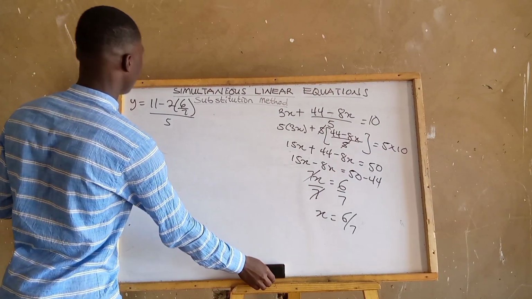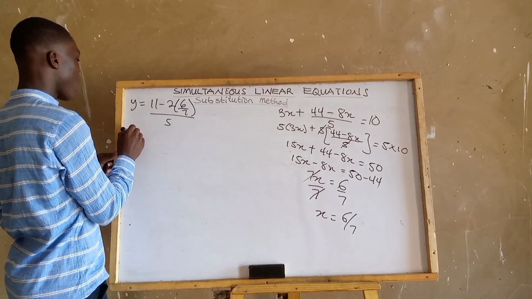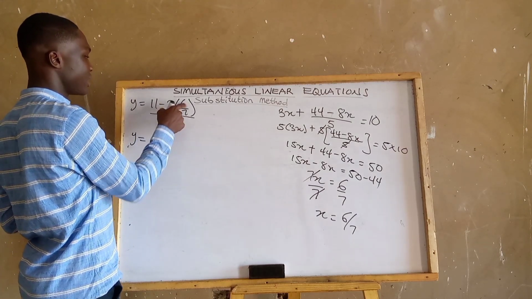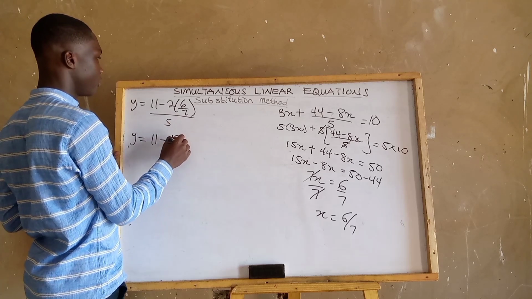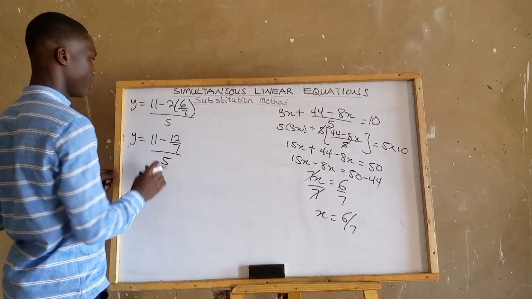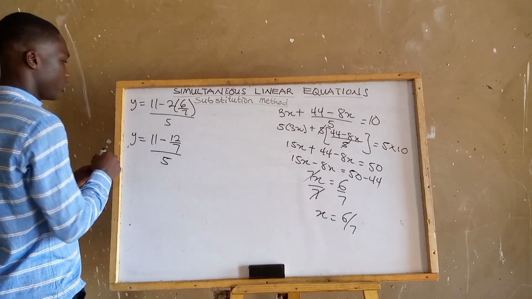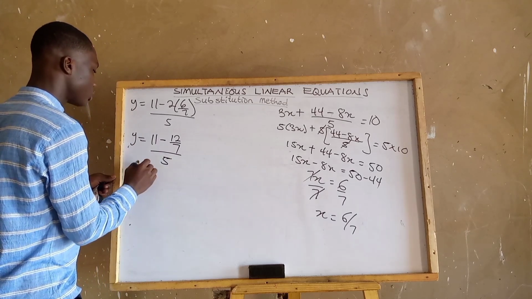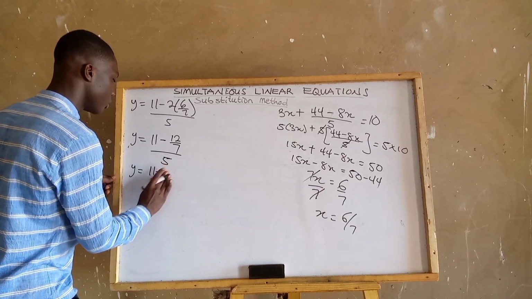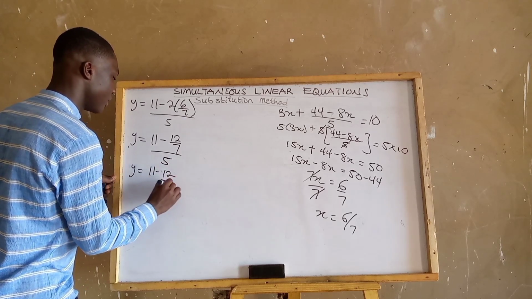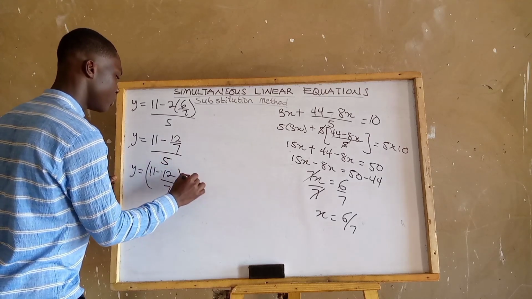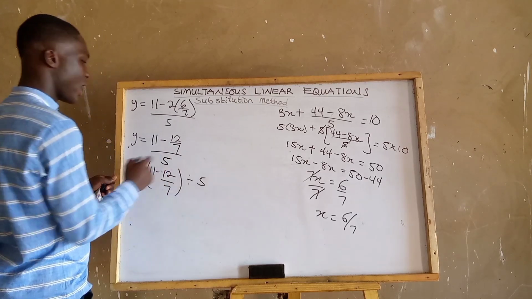Let's solve for y. So y is equal to 11 minus, so 2 times 6 gives us 12 over 7, all over 5. So here we have y is equal to 11 minus 12 over 7, so this whole thing divided by 5.